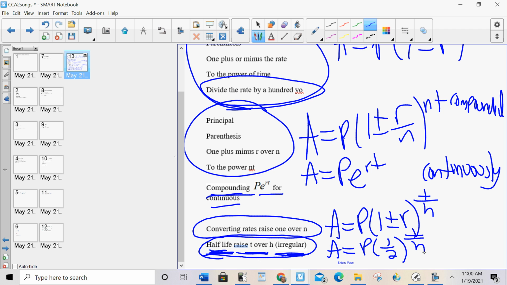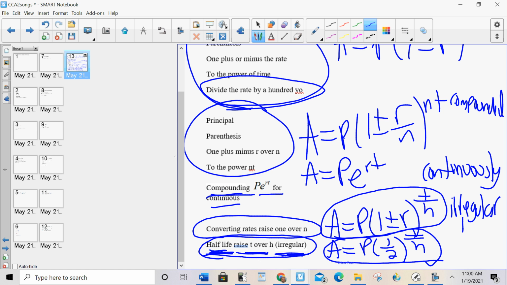So the half-life formula is the same thing as this formula, but it's a nice shortcut when you have that. So this is for irregular time, and this is half-life.